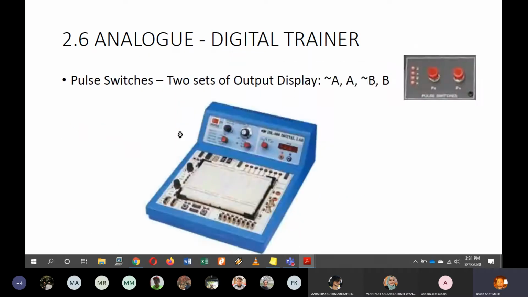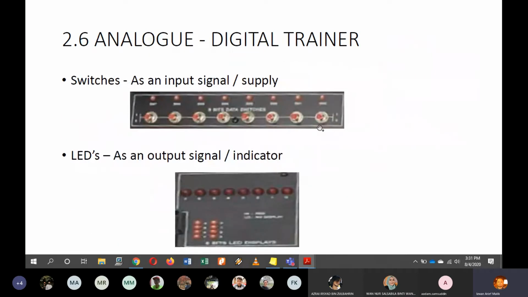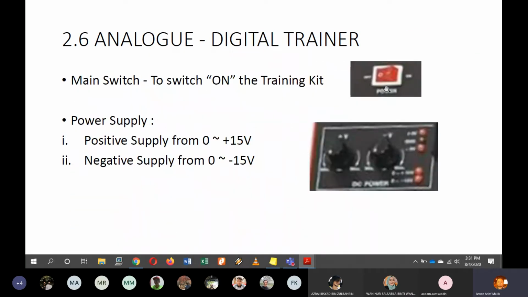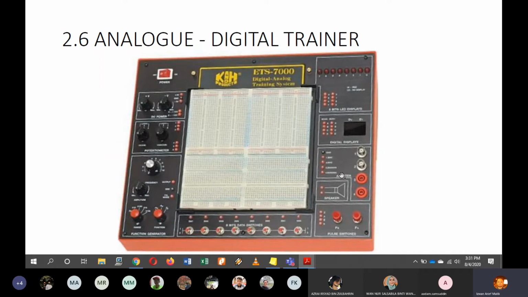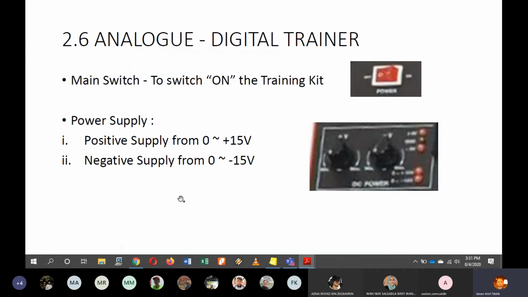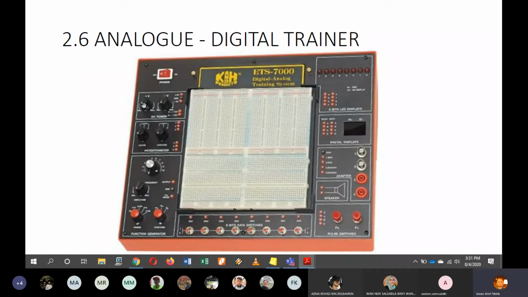Okay, all this part, they are separated in this way lah. Kita pecahkan dari sini, kita turun ke bawah, and then here, and then so on lah sampai atas. Power supply, okay, we want to generate our supply up until 15 or negative 15 volt, which is available here.